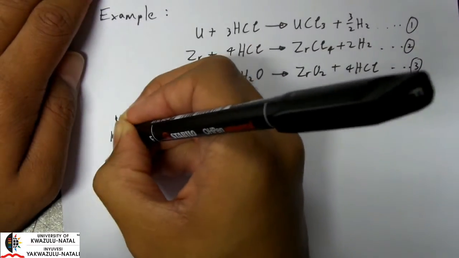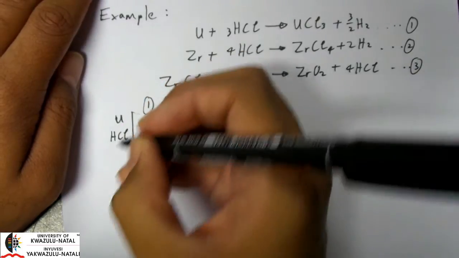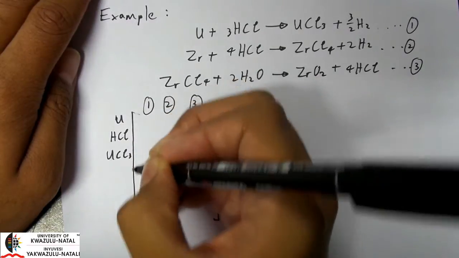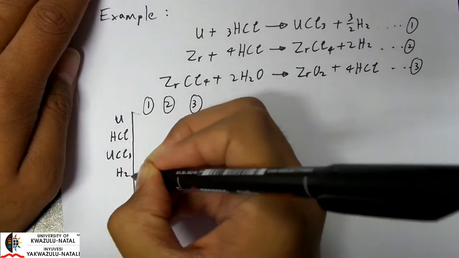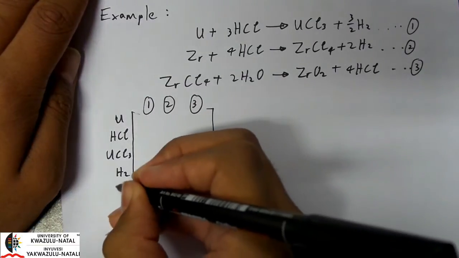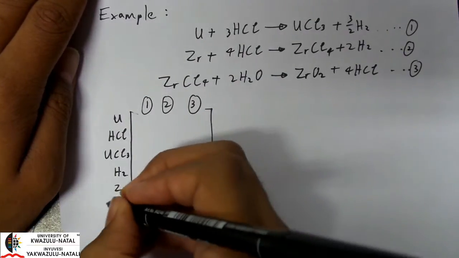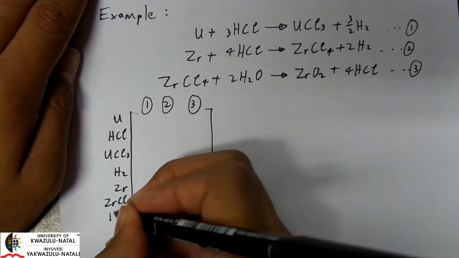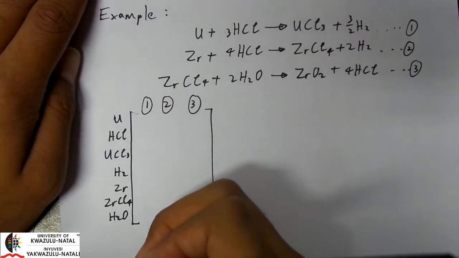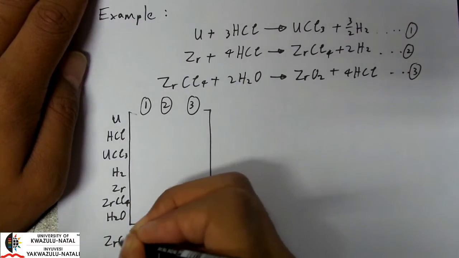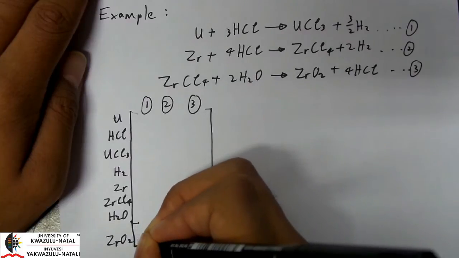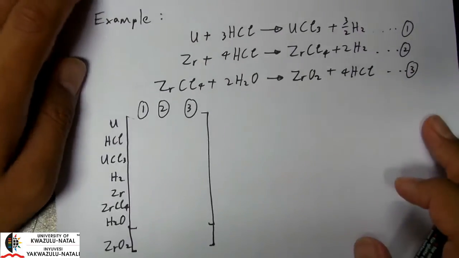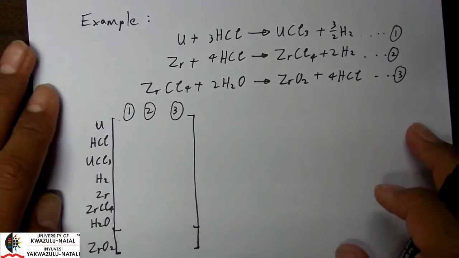So we have to look at each species in all of our reactions. Okay, that's H2O, and then finally ZrO2. Okay, so let me just extend that. Okay, so how do we write out our coefficients?